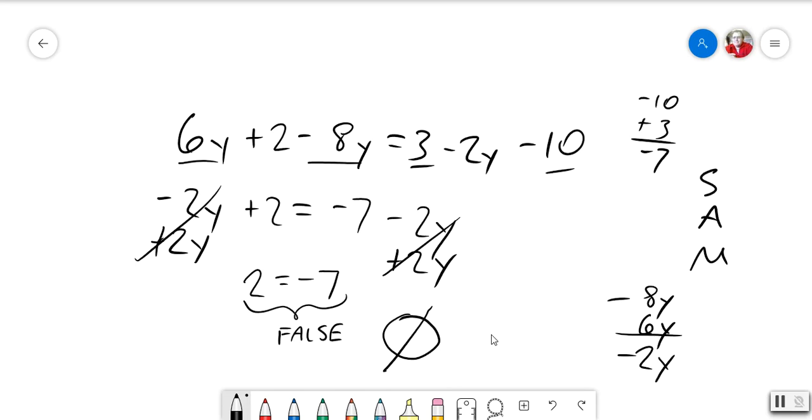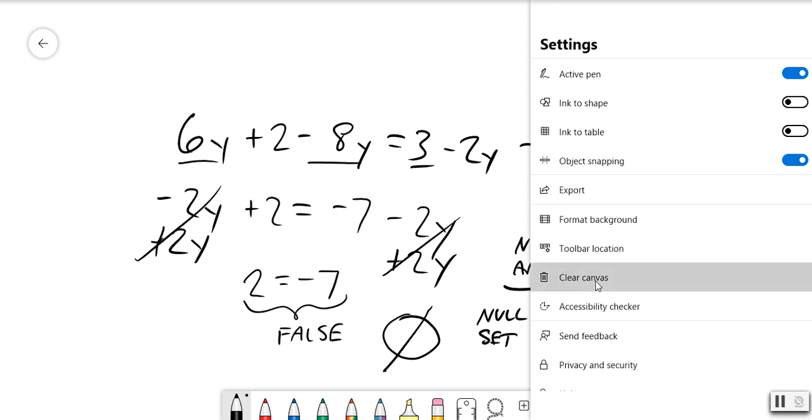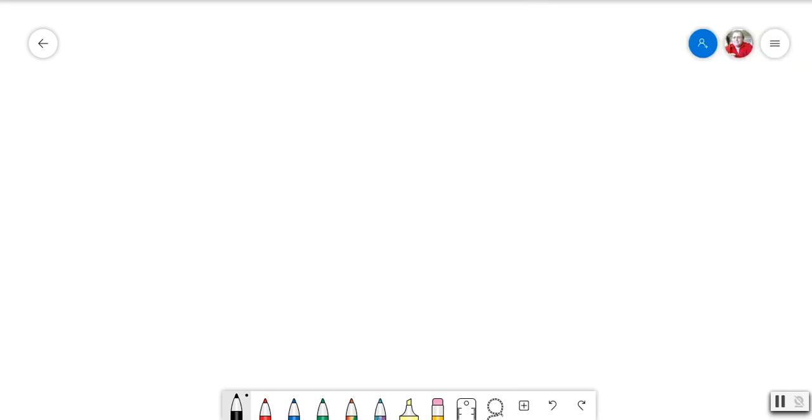The circle with a line through it is null set. So you could give that, or you could just write no. So the answer is that there is no answer, or the null set, if you want to put it that way. Okay. The last thing I want to talk about is how to graph an inequality.